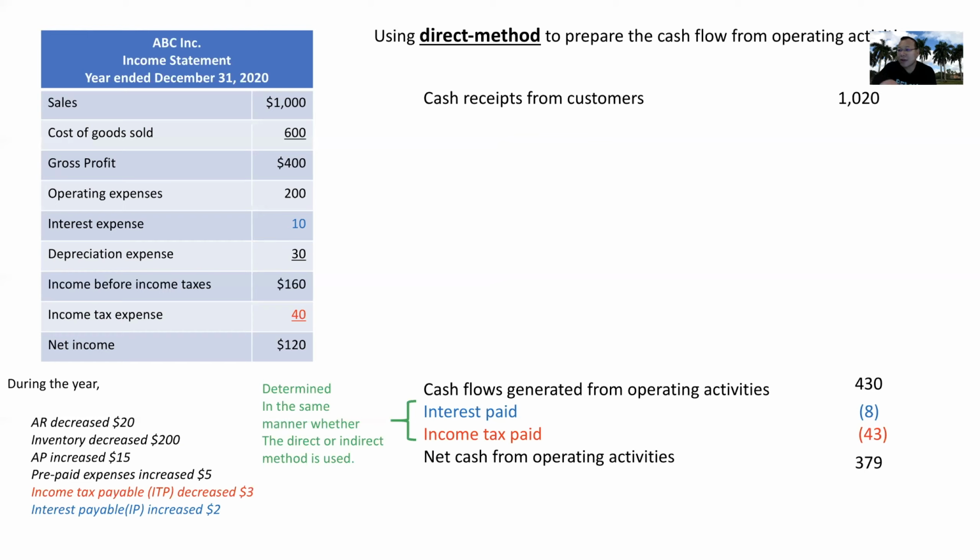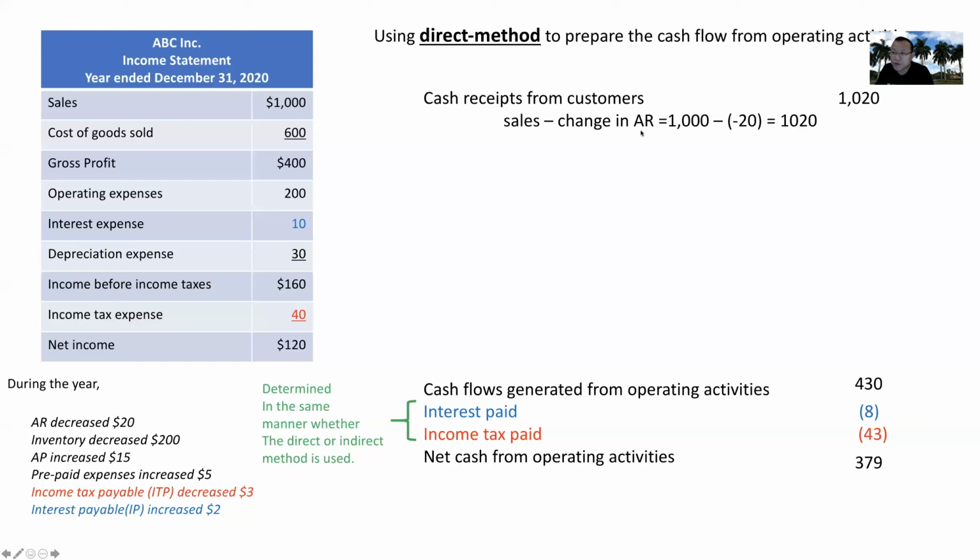To calculate cash received from customers, we use the current year's sales, the total sales, minus change in accounts receivable.